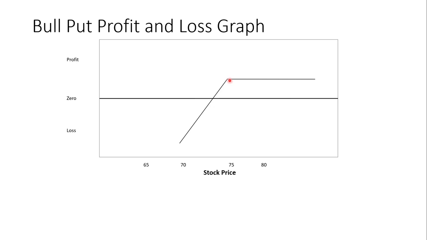And at this point, it's a 75 price. So I have profit at 75.01 and above. I have losses below the 75. But I get a credit, so I can reduce that by the amount of the credit. In this case, about $2. There's your short put strike price.